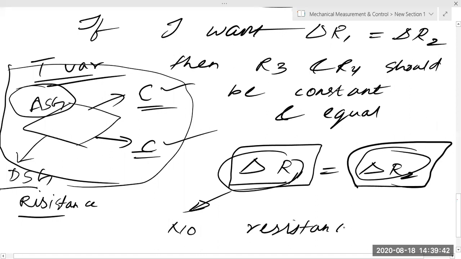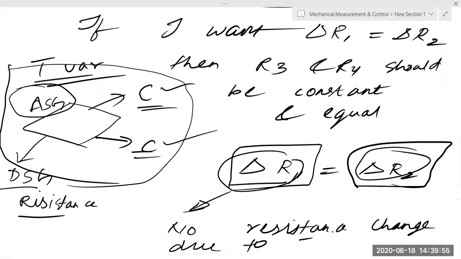This will lead to no resistance change due to what? Can anyone let me know? If delta R1 is equal to delta R2, then there will be no resistance change due to temperature.